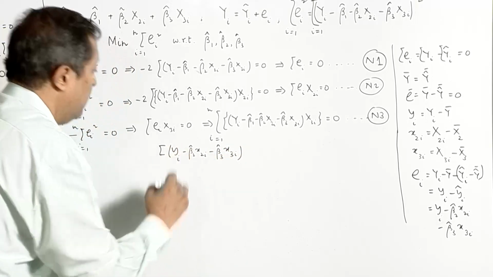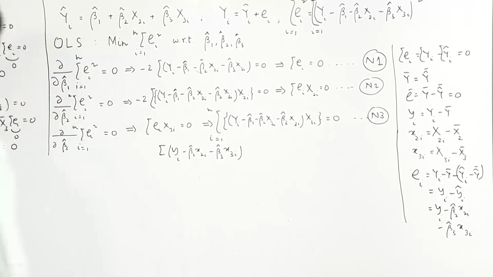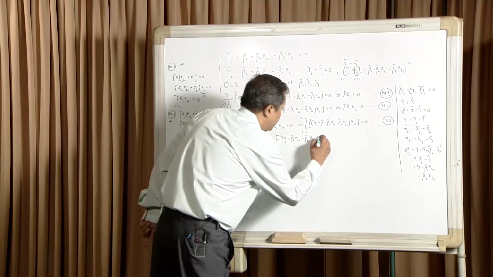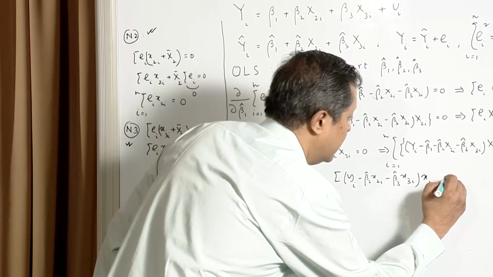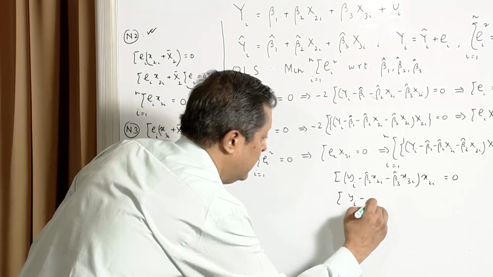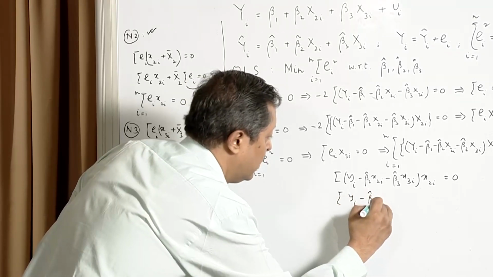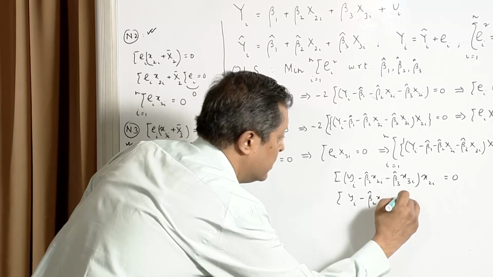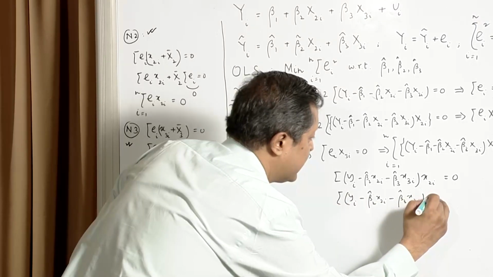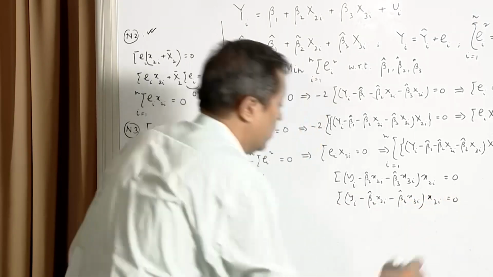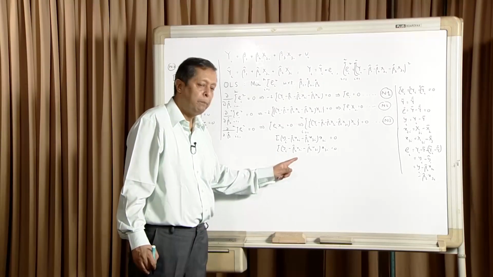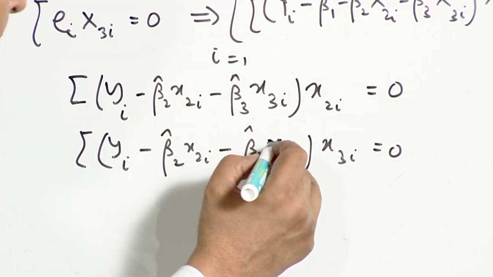The whole thing is multiplied by x2i, as we saw in deviation form: summation ei x2i is equal to 0, and again summation ei, that is yi minus beta 2 hat x2i minus beta 3 hat x3i, all into x3i is equal to 0. These are the final two equations from which we can obtain beta 2 hat and beta 3 hat.